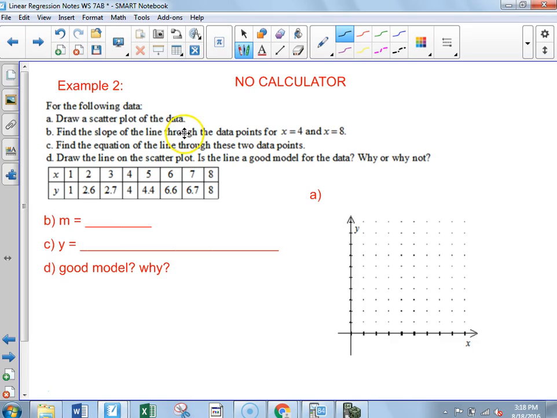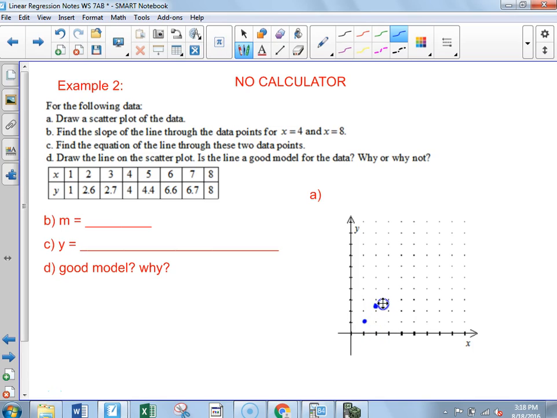All right. This question, example 2, we're going to go through quickly. It is not a calculator question. It says draw the scatter plot. So by hand, really quickly, plot these points, okay? 1, 1, 2, 2.6. And please don't look up here.